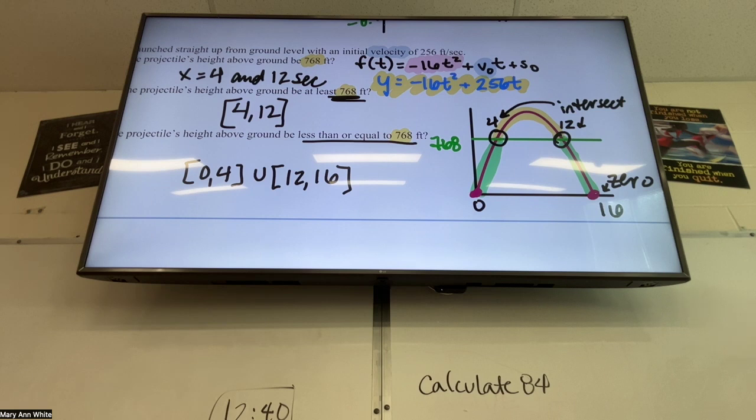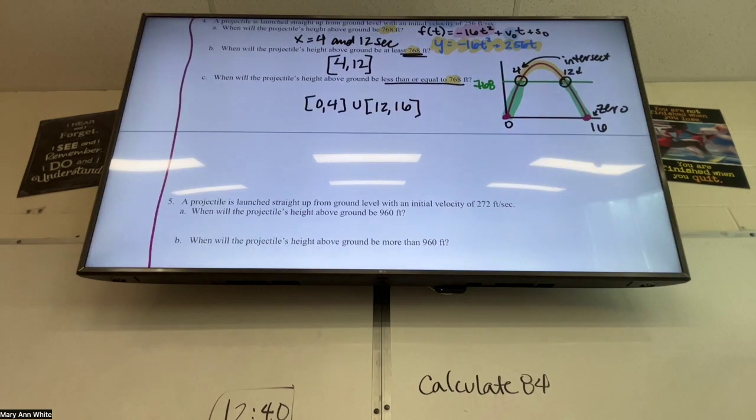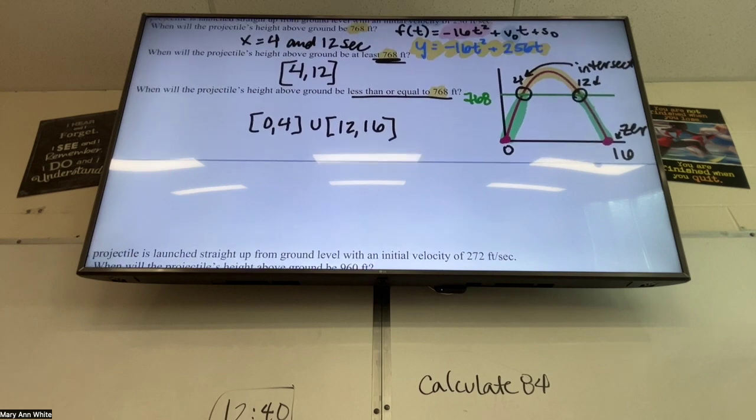Okay. Once you think you got that, on the next side of your page is a very similar question. Let's write my equation for that before I let you try to graph it on your own. I've got my equation at the very top of the page. This one says the projectile is launched straight up from ground level with an initial velocity of 272 feet per second.